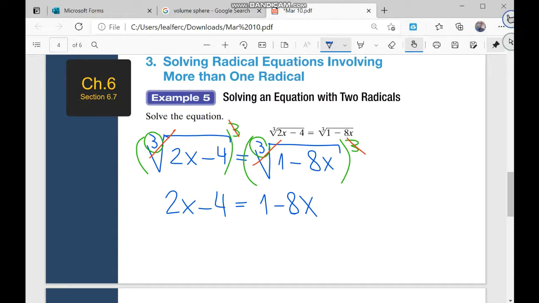That's cool, because we don't have any radicals now. We have just a very simple equation. Apply the addition property, the multiplication property, and maybe you're going to be able to solve it, right?